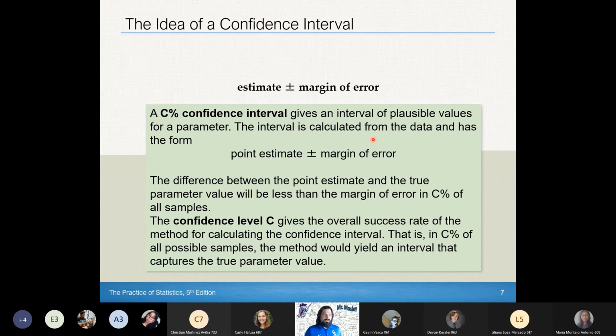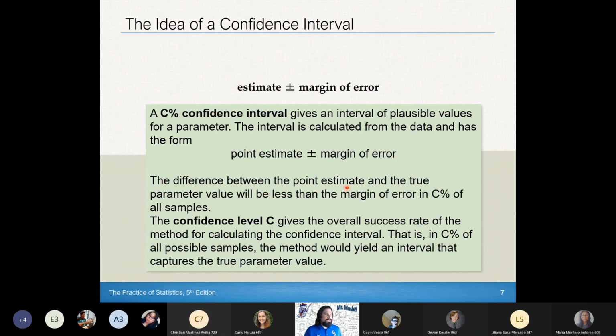The interval is calculated from the data and has the form point estimate, or a statistic, plus or minus the margin of error. Right, and in this case, the margin of error uses the standard deviation times how many standard deviations you want to be within the mean.